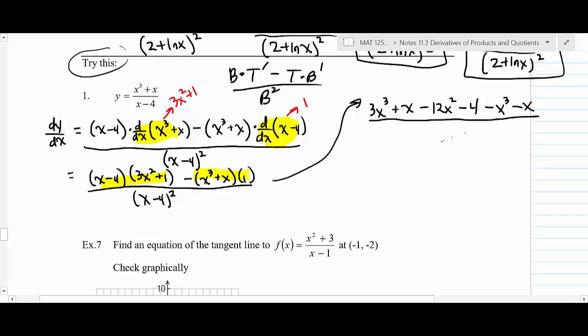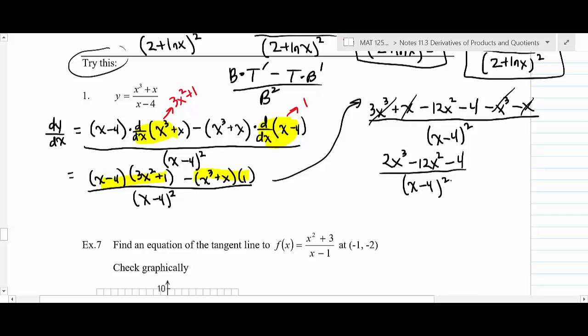And then you would have all over the bottom squared. Okay, let's see if you got your like terms together, and let's see if they'll take us anywhere. So 3 minus 1, that would be 2x to the third. And then the x's cross out. Okay, and then you have a minus 12x to the second minus 4, all over x minus 4 squared.